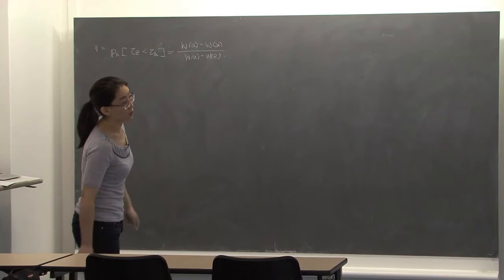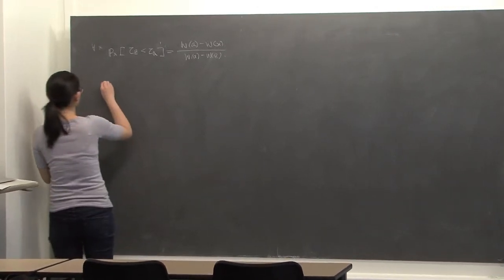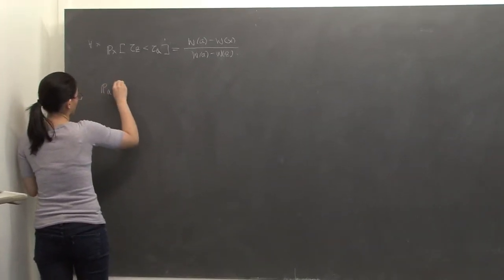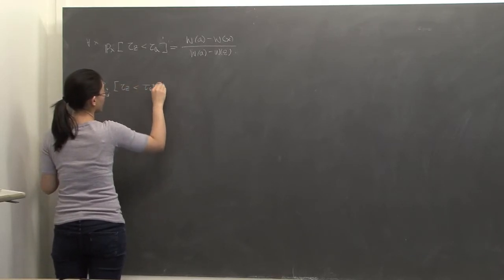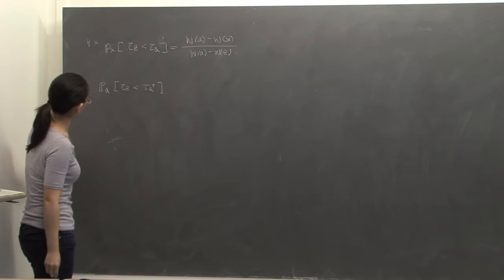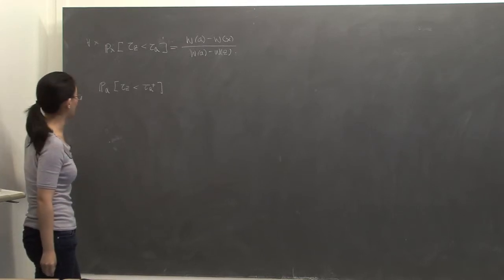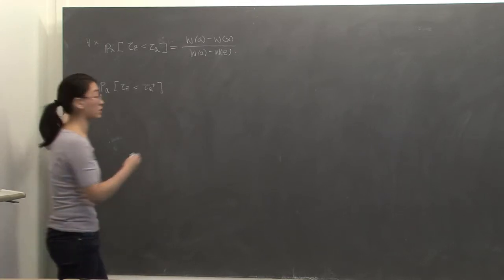And now we want to show the probability that the Markov chain starts from A and hits Z before going back to A. What we do is we divide the probability according to what happens in the first step.